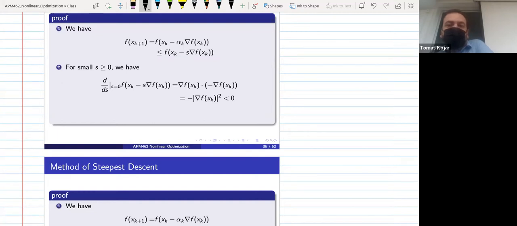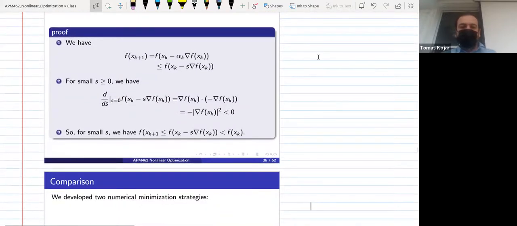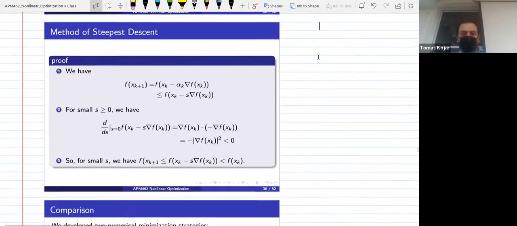So what did we do? We took the derivative and we had that you get the dot product, inner product. So I'm just repeating the proof. Okay, so we have this negative. Now let's use the mean value. So this one says that the derivative decreases.